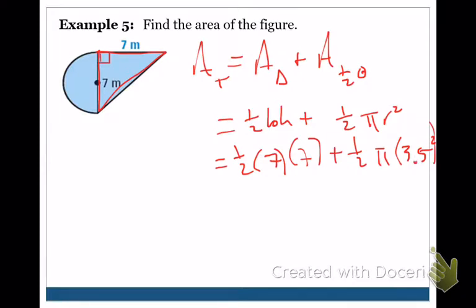Okay, not 7. The diameter is 7. So 7 times 7 is 49. Half of 49 is going to be 24.5. And then we've got 3.5 squared. And then divide that by 2, and you get 6.125 pi.